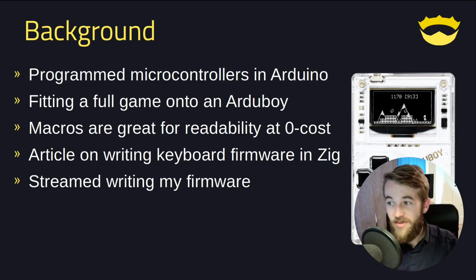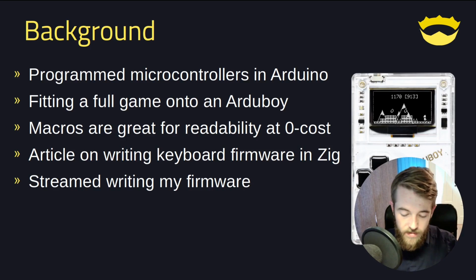The name of my talk is inspired by an article. I think the article is titled "Why I Rewrote My Keyboard Firmware in Zig." He was writing it originally in Rust, and then he transitioned to Zig.